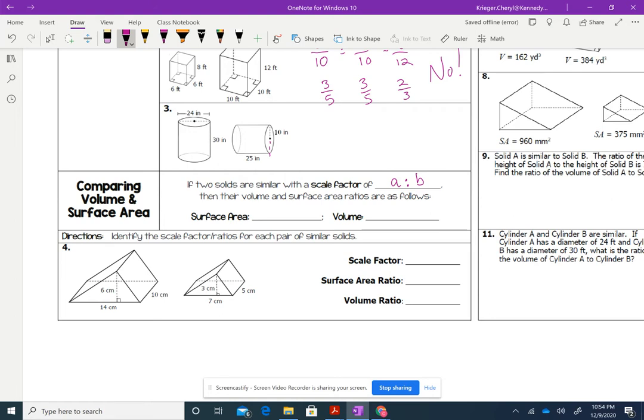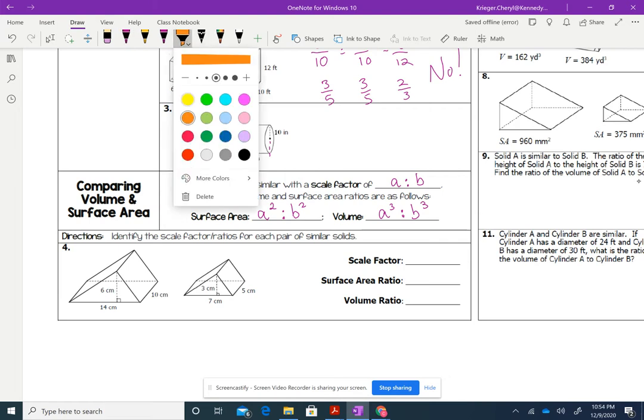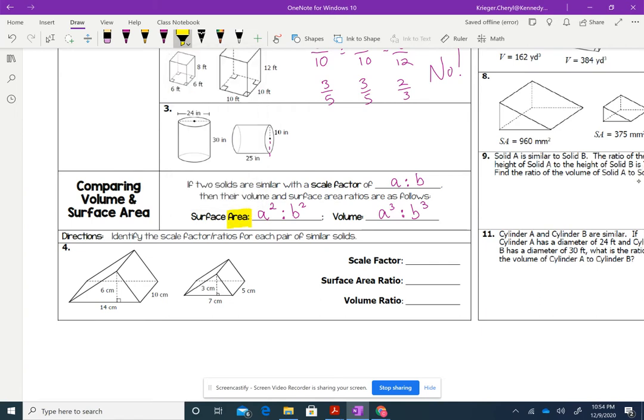Then their surface area and volume ratios are A squared to B squared and A cubed to B cubed. Okay, so hopefully this isn't too confusing of a concept for you. We have surface area, right? If you think of area, your units are squared. And if you think of volume, your units are cubed. So let's go ahead and apply this.